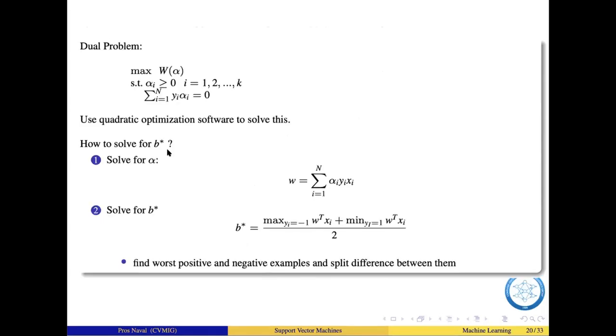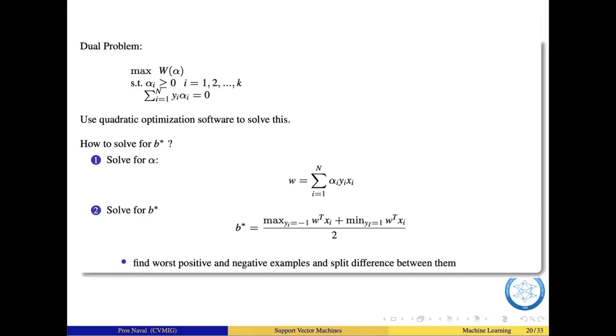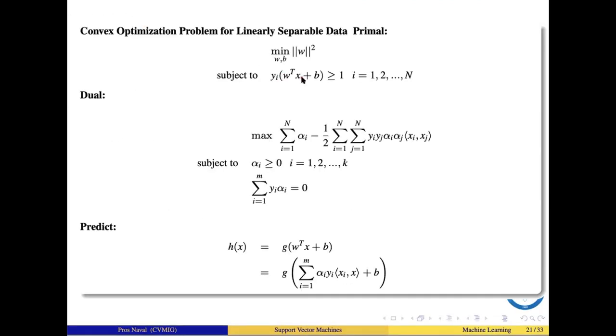We're just summarizing it here. Maximize this quantity subject to these two conditions. And once we have the W and b, then we can now predict. Simple as that. This is the equation for doing the prediction.